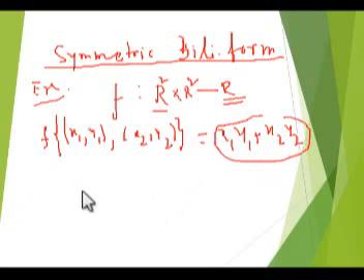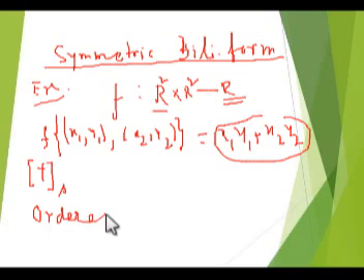So how can the matrix of F be generated? I have already discussed this. We need the ordered basis. Here the ordered basis is given.